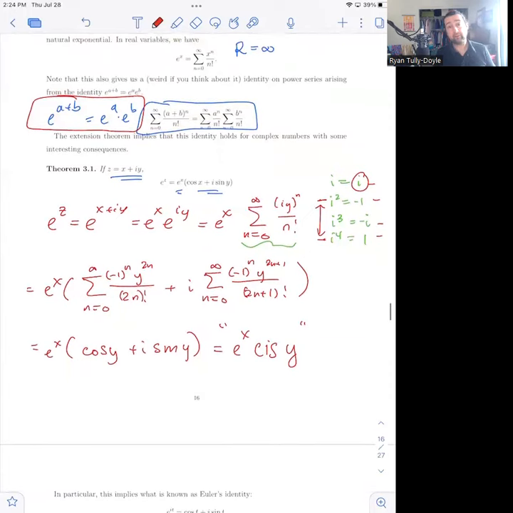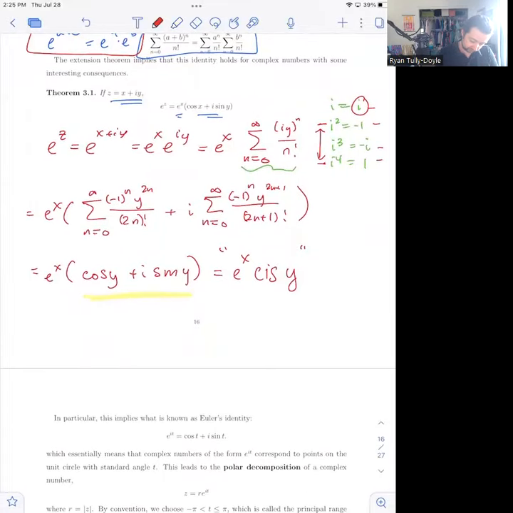And this is a profoundly important observation, because essentially what it says is that the complex exponential function is doing something where one part of it, the real part, the e to the x part, you can think of as the radius of a complex number. Because this part, cosine of y plus i sine y, if you interpret it on the unit circle, if you interpret complex numbers as the real part and the imaginary part, sort of like R2, this implies that e to the iy is a number on the complex unit circle.